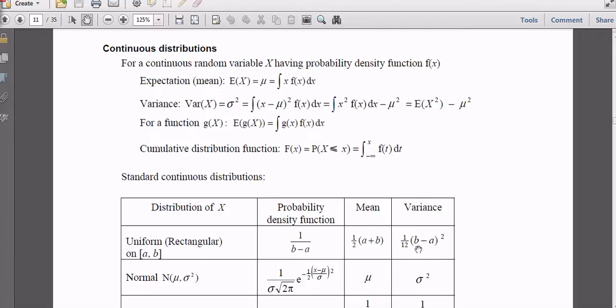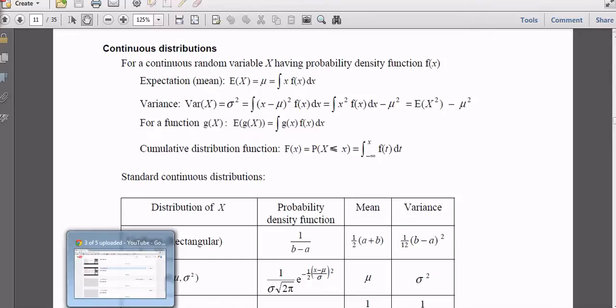This is what we're actually going to prove. So instead we're going to use this here, the variance, and we're going to use this formula that the variance is the integral of x squared times f of x minus mu squared, and we're going to prove it.